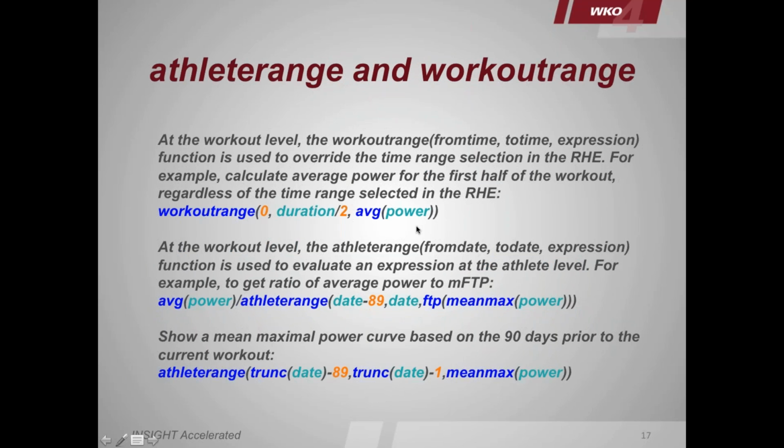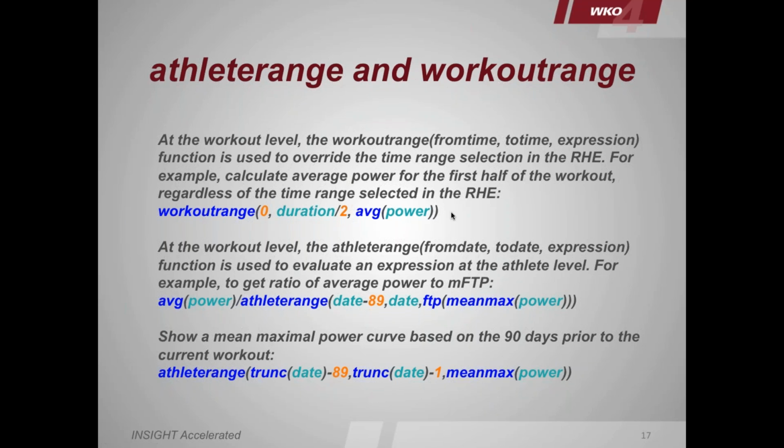Next there's a really handy expression called workout range. Until recently, when you would click on different ranges in the right-hand Explorer, it filters data so that the chart only gets the data from that range.